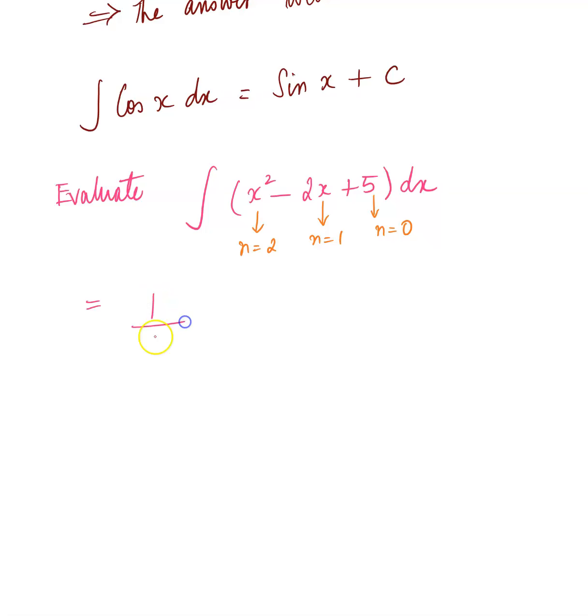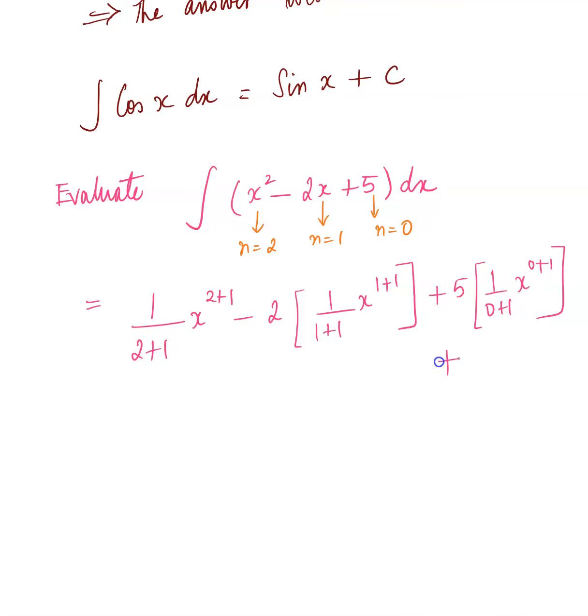So we now have 1 over 2 plus 1 x to the power 2 plus 1, minus 2 times 1 over 1 plus 1 x to the power 1 plus 1, plus 5 times 1 over 0 plus 1 x to the power 0 plus 1, and of course the plus c.